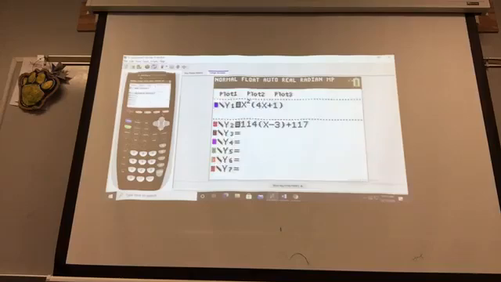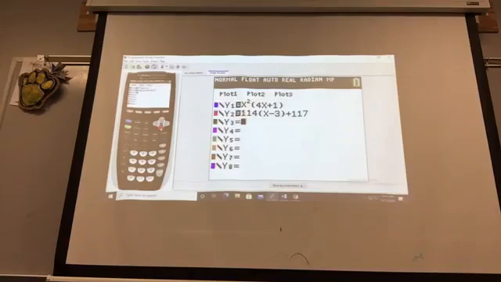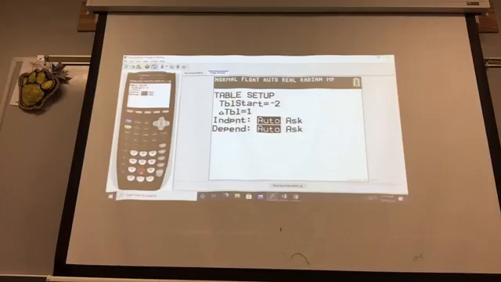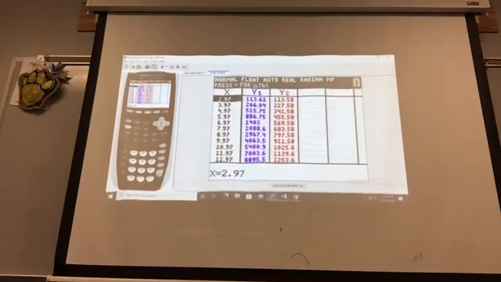And one more thing I'm going to look at, how close did we get to finding f of 2.97? So we said it was 113.580. So now if I tell my table to look right at 2.97, see how close my answers are?